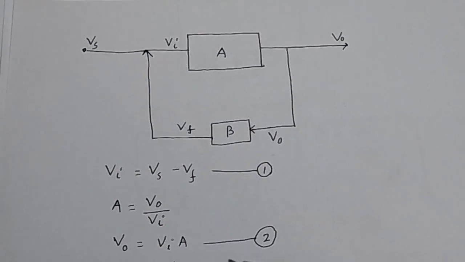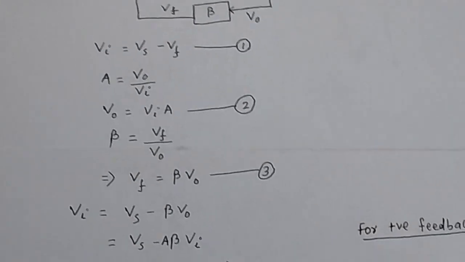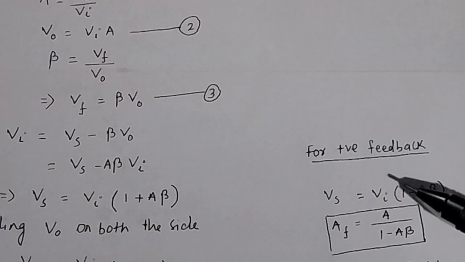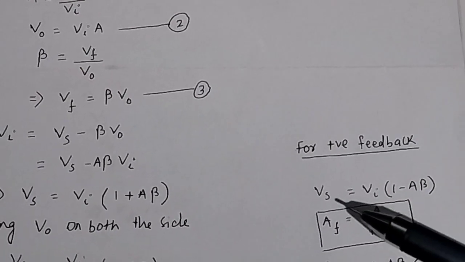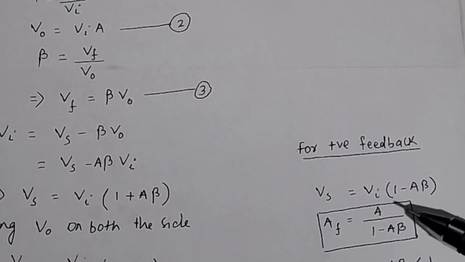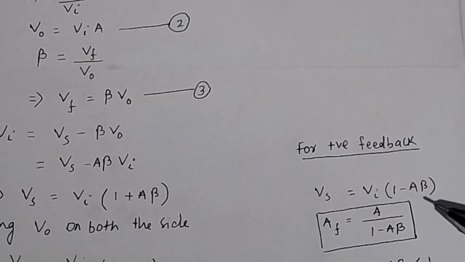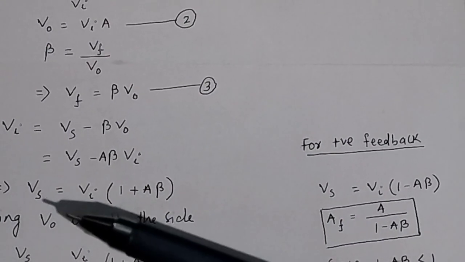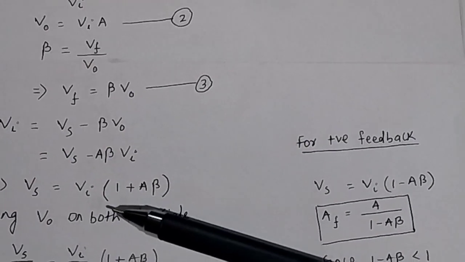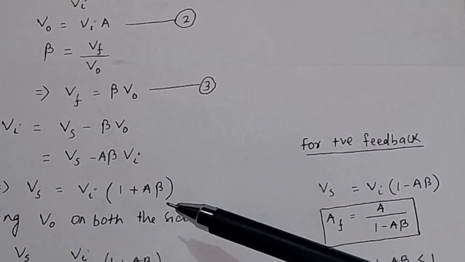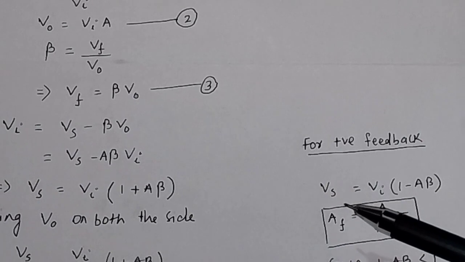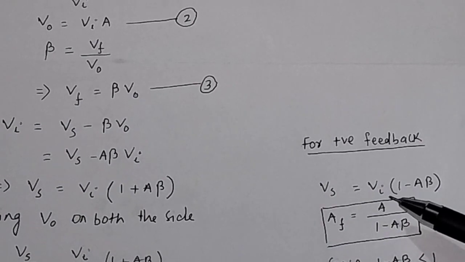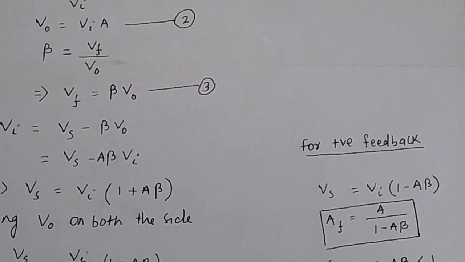And if you work out in a similar manner, then for positive feedback Vs will be equal to Vi into 1 minus A beta. For negative feedback you get Vs equal to Vi into 1 plus A beta, but for positive feedback you get Vs equal to Vi into 1 minus A beta.